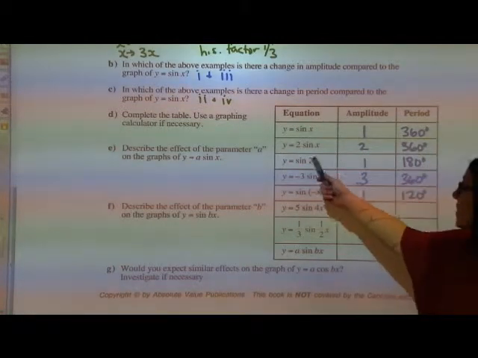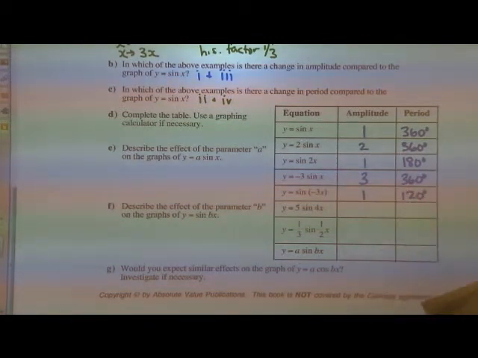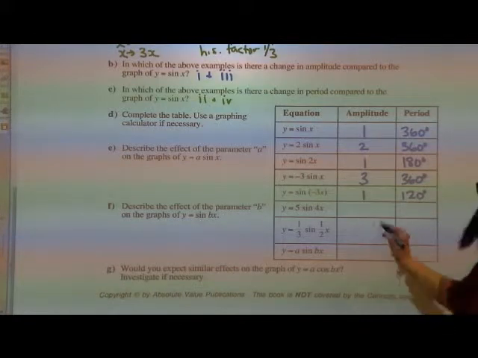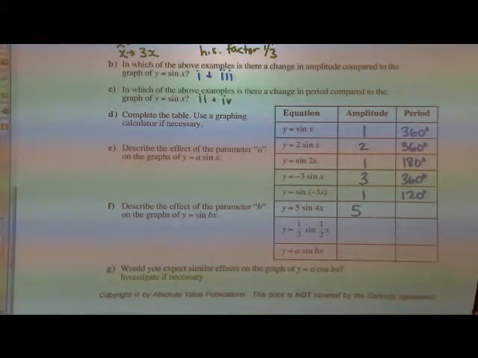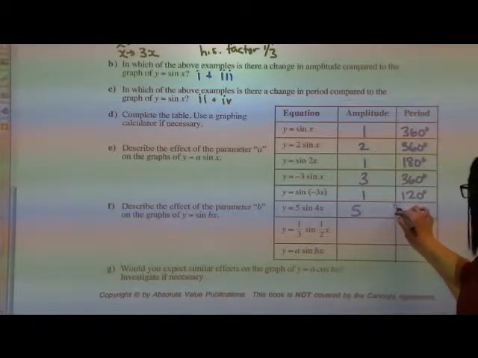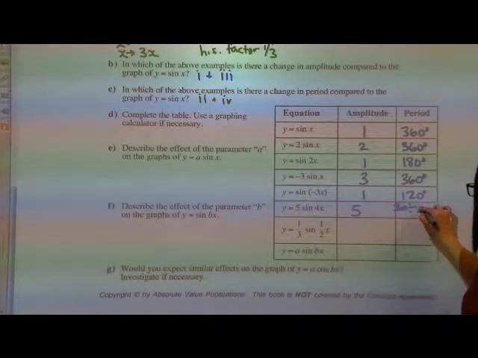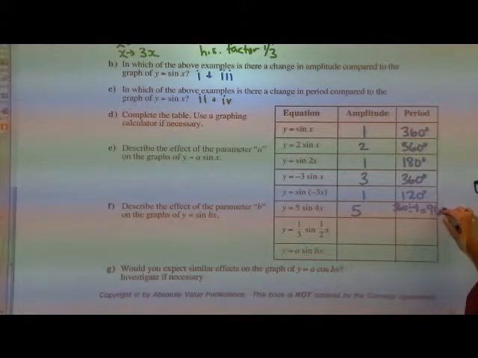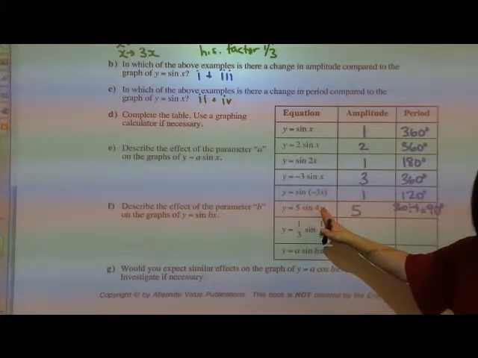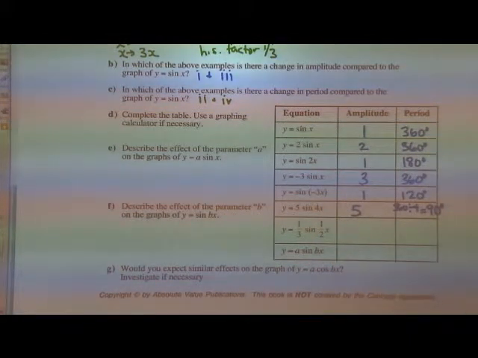Or 360 divided by 2, 360 divided by 3. Either one works. So with that, 5 sine 4x, what should the amplitude be? 5. And then what should the period be? 90. And I should be able to get 90 by going 360 divided by 4, or replacement 1/4 of 360.